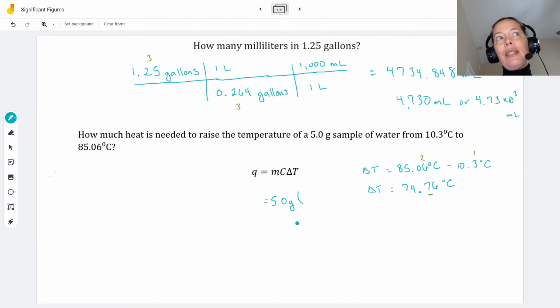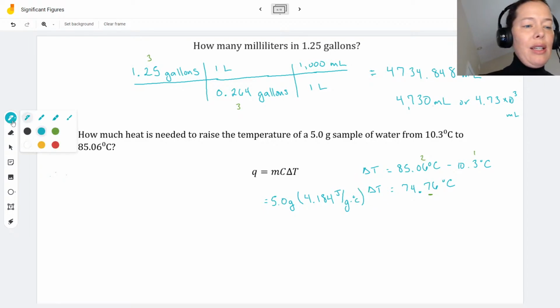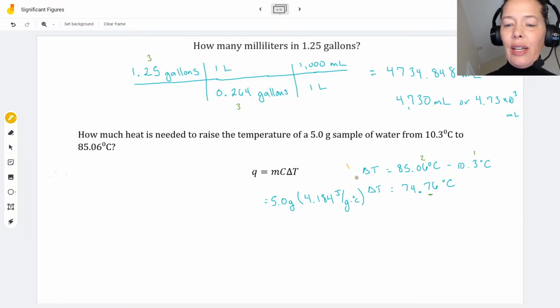And again, because this is something that I looked up, I want to make sure that I have plenty of sig figs. So I'm going to use all of these sig figs. And that is joules per gram times degrees C. Okay, so let's just separate that.